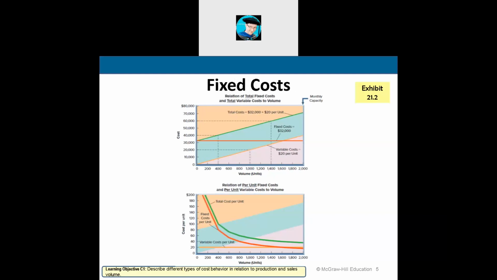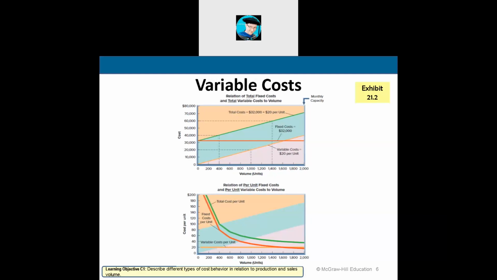There really is not much of a difference here. In fact, there's pretty much none. And the reason for this is if we look at the trends, the variable costs as they relate to fixed costs gives us our total cost and our total cost per unit.